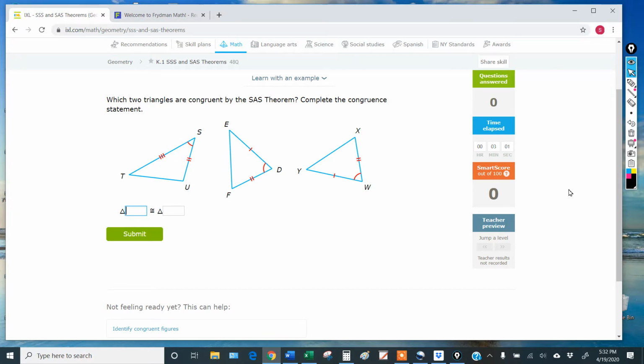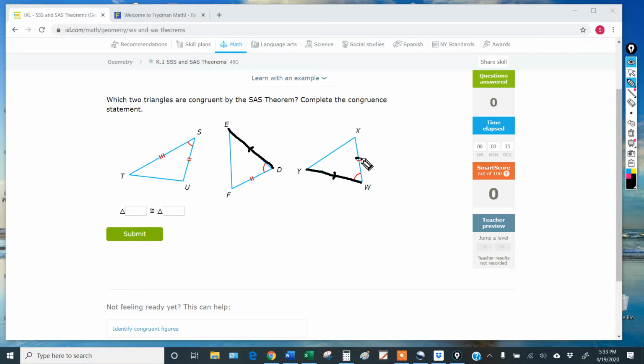Which two triangles are congruent by the SAS theorem? Complete the congruence statement. Okay, so now you got to be really careful here when you look at the dashes. So let's see. This side only has one dash. So this side is the same as this side, which also only has one dash.